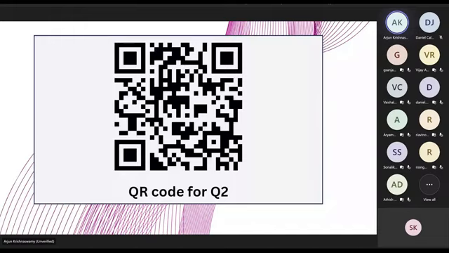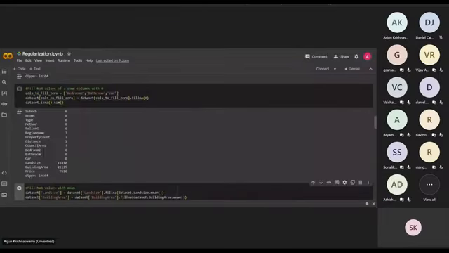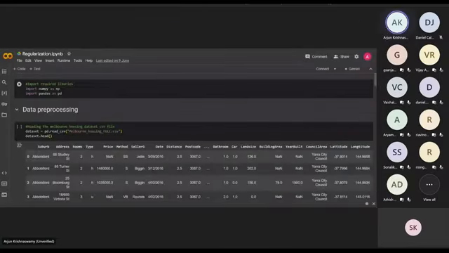I hope the slide is visible. Sorry, I'll move to the code implementation now. It's a very simple code implementation. We'll just be working on a housing price data set. Is the screen visible?